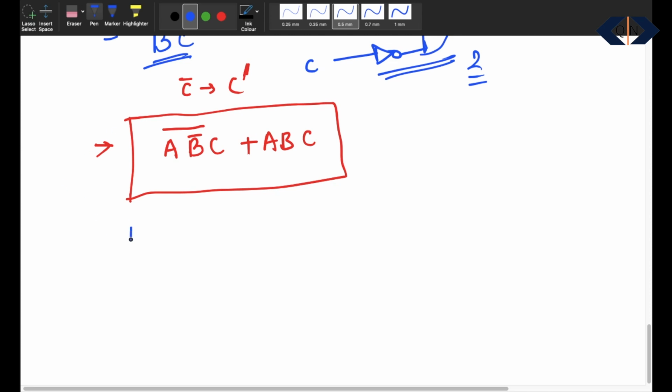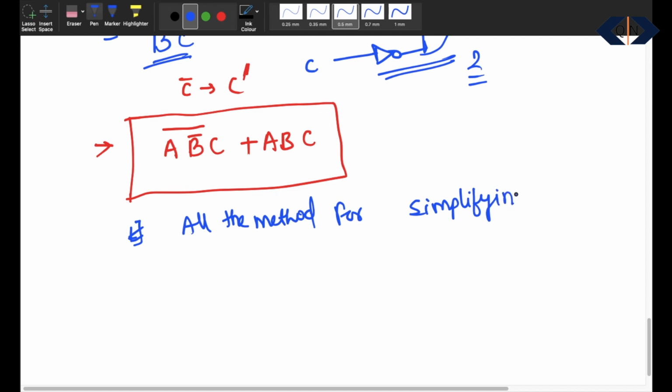So I will make a separate video on all the methods for simplifying a Boolean circuit. For convenience, I will be writing their names here, and I will be covering each and every method video by video.